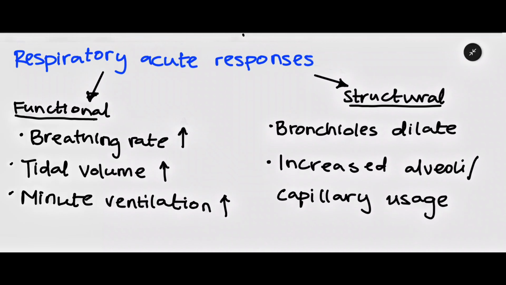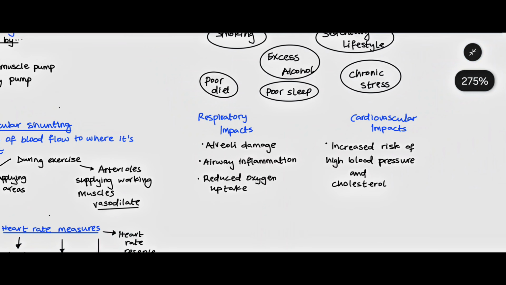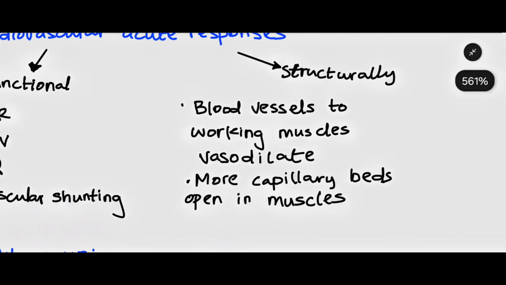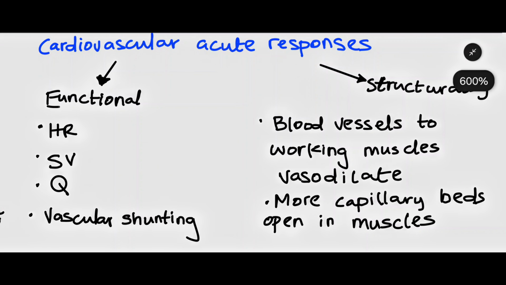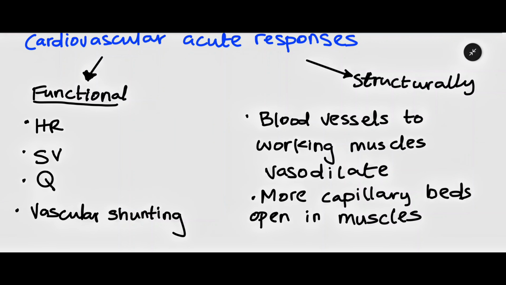Now for some cardiovascular acute responses. For the functional responses, we have an increase in heart rate, an increase in stroke volume, and cardiac output also increases. Also, vascular shunting increases, with more blood supply going to the working muscles.